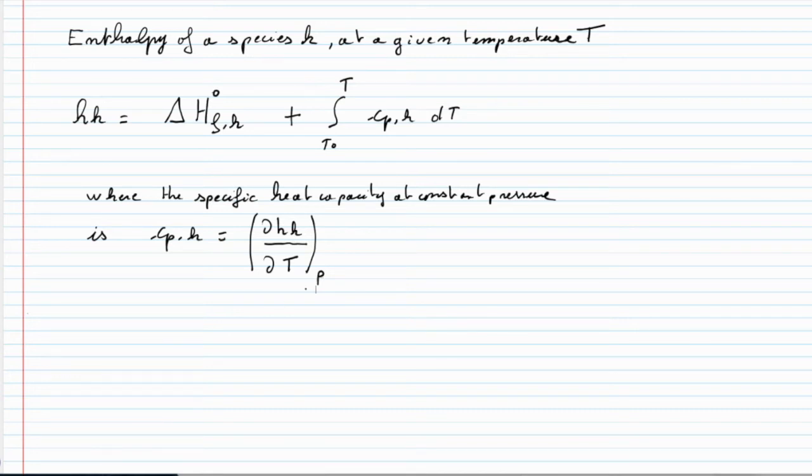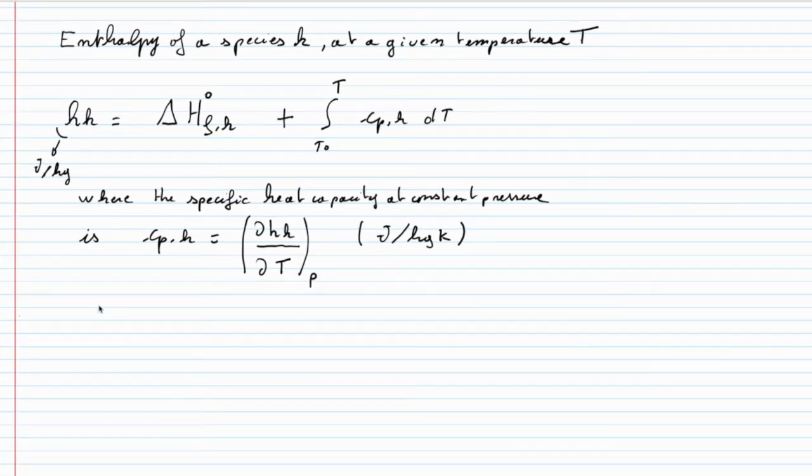The adjective specific means that the heat capacity is given here in mass unit, so the unit of Cp K is joule per kilogram per Kelvin. Consequently, the unit of enthalpy of the species K is joule per kilogram.